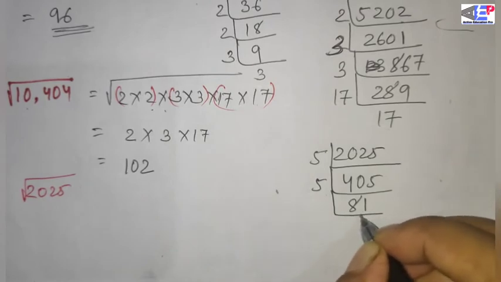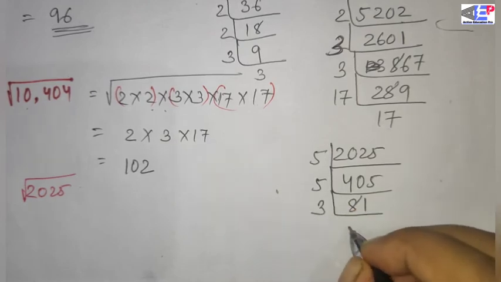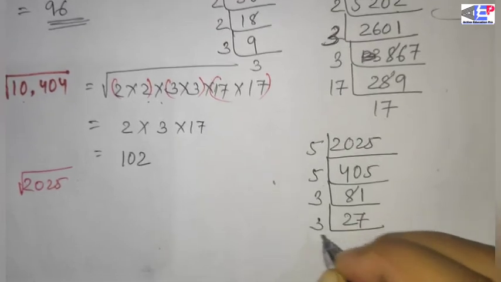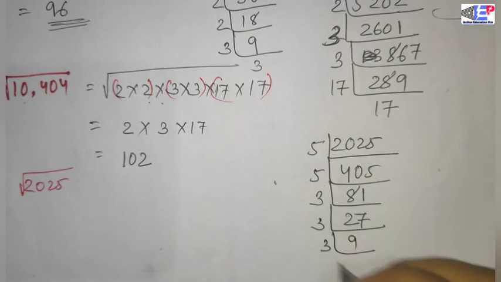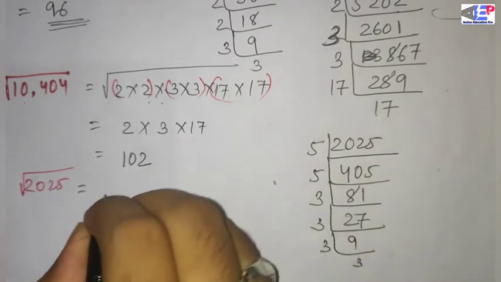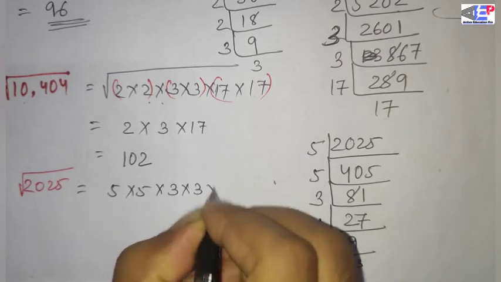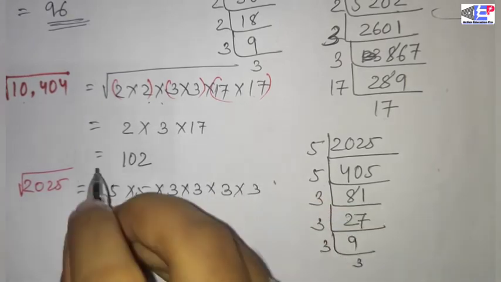The sum of these two digits 8 and 1 is 9, so 81 is divisible by 3. So you can write here 5 into 5 into 3 into 3 into 3 into 3.